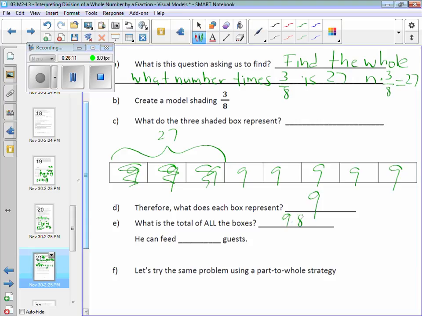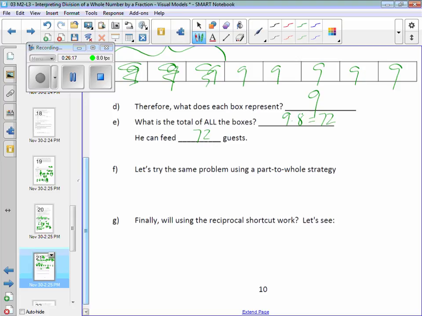Part whole. First ratio fraction, which was, and don't turn it upside down, 3/8. Constant.